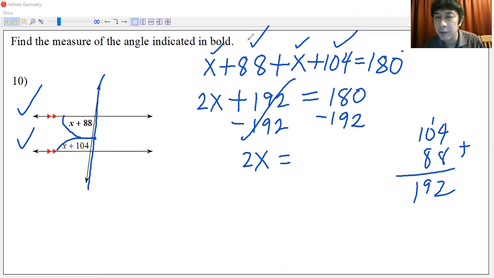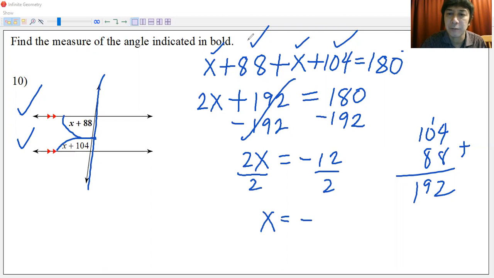Your subtrahend is larger, so we will have a negative, and the difference is 12. So that's a negative 12 there. Now the next step is to divide both sides of the equation by 2, and x is negative 6 there.